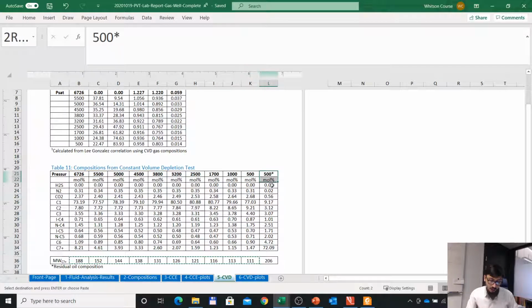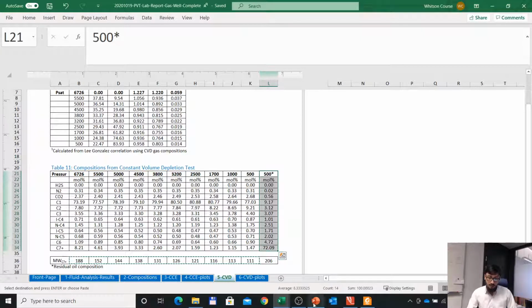This is not the gas composition, it's the equilibrium oil composition at 500 psi, which is the residual oil. We will not use this composition in the gas Z factor QC because it's not needed there, but this composition plays a very important role in doing the QC of the CVD test itself. That is something we will discuss later, but we don't need it now.